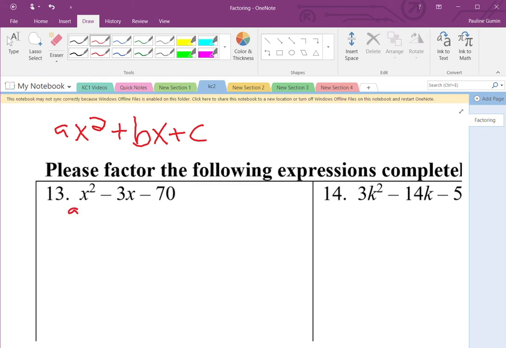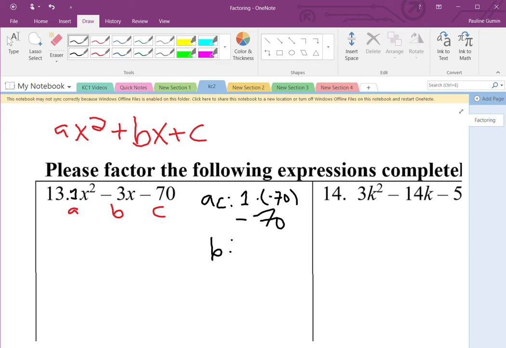So that's A, that's B, that's C. First we're going to look at the product, A times C. The number in front of x squared is that invisible 1 that always hangs out, but we can't see it. So we have 1, and C is negative 70. So A times C is negative 70.